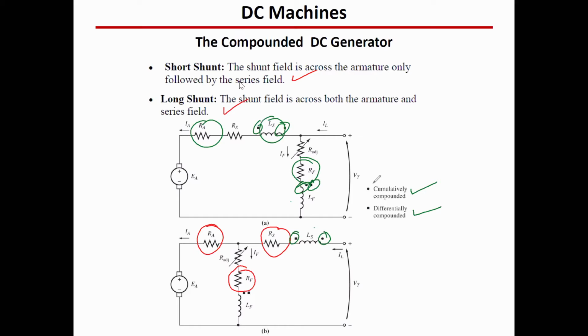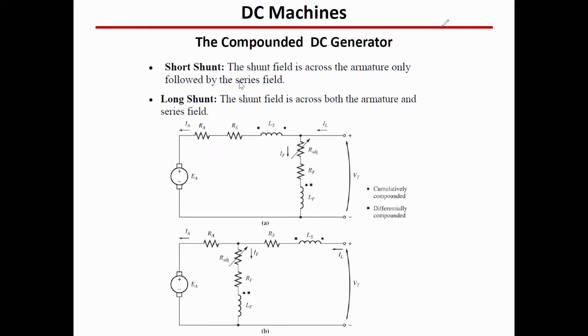Okay? So yes, let me just clear everything. If the dots are in these locations, sorry, it means that they are the same thing in terms of current. So the current will enter this, the current will enter this, so same directions. So this is cumulative compound. It means that the effect of the parallel field and series field will be additive.